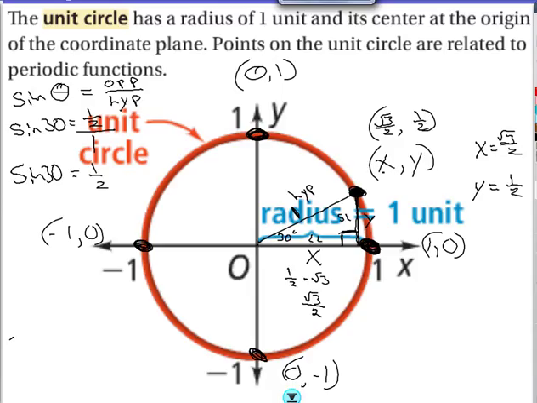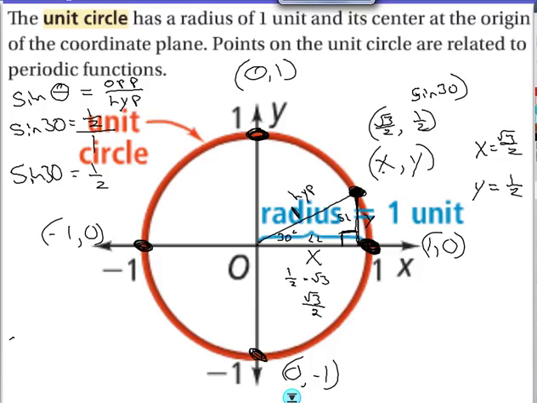Which means in the coordinate of the point, that is sine of 30. So the sine of 30 is the same thing as the y-coordinate of the point. Does that make sense? Which is equal to 1/2.